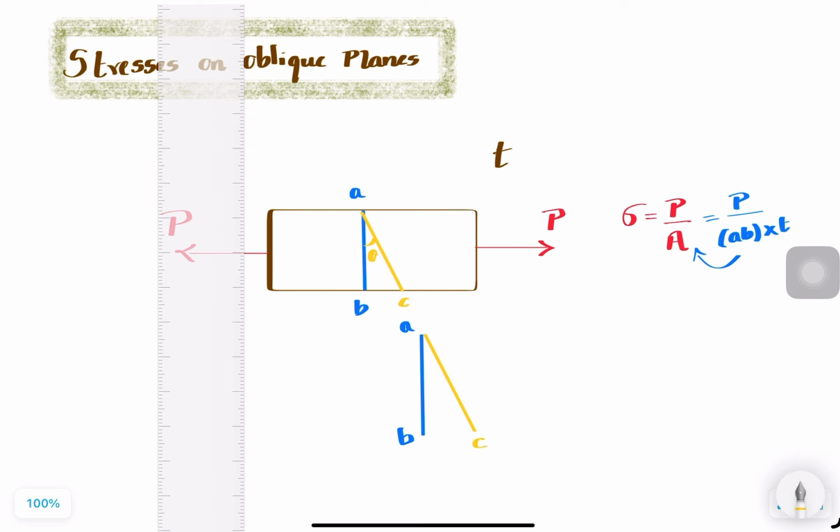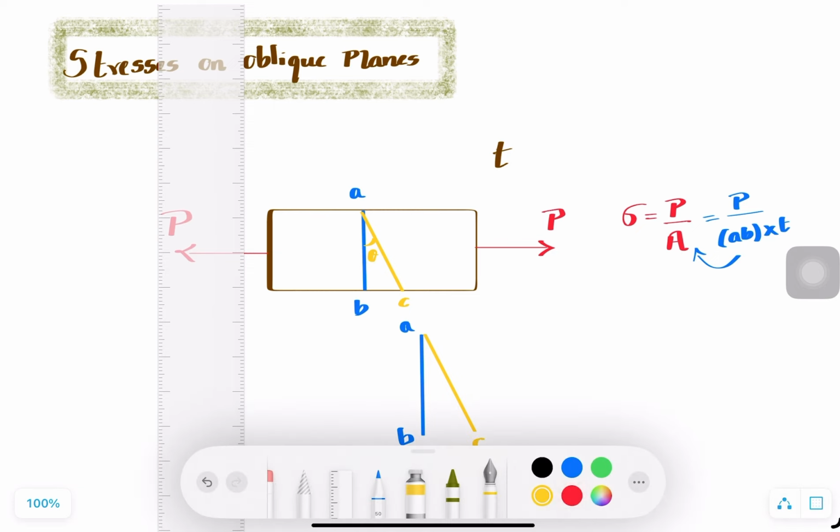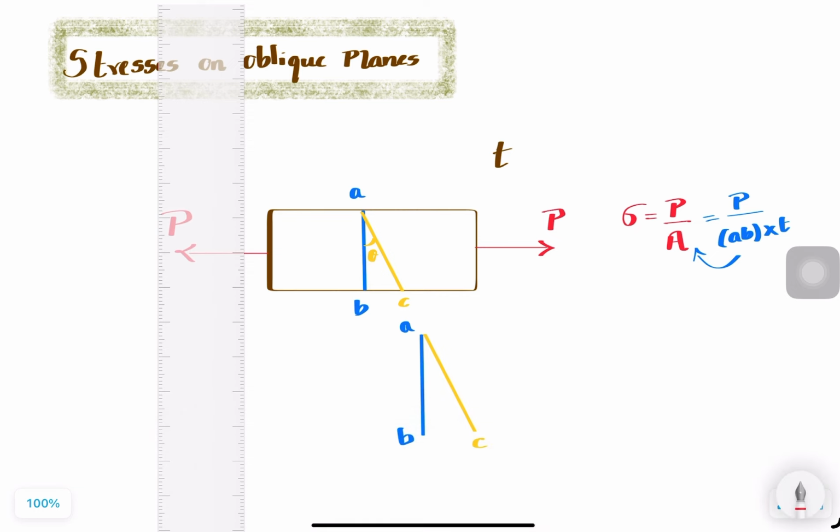Now, according to the principle of transmissibility, the load that is acting, represented by the red arrow, can be assumed to act throughout its line of action, which means the load is acting in this direction too. Before we resolve it, let us say that this angle, as I told you, is theta. What do you think this angle is?